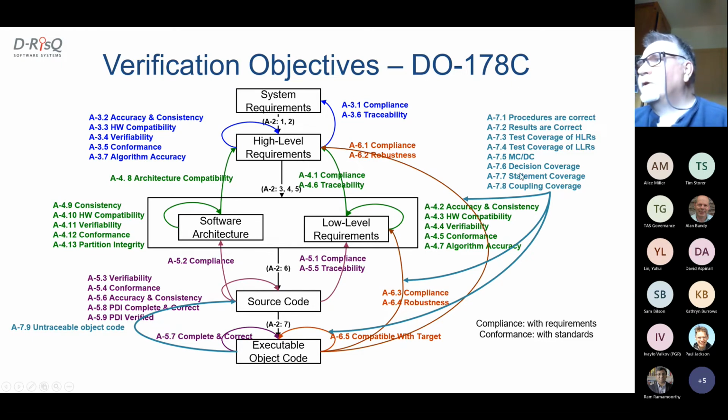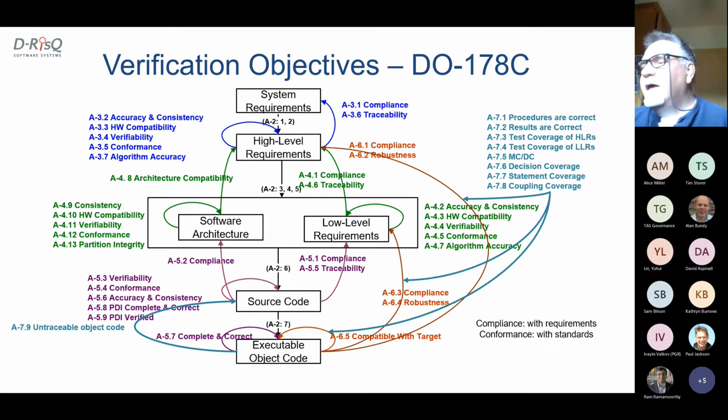So you come to decision coverage, statement coverage, modified condition/decision coverage: how much testing you need to do to show that you've done enough testing, that you've met the high-level requirements. And then there are some additional things like untraceable object code. Is there any object code present that doesn't satisfy any high-level software requirements? So why is it there?